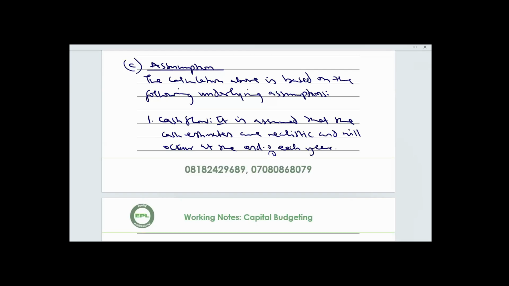What do I mean by this? All those selling price, the variable cost, the incremental attributable fixed cost, our assumption is that they are going to occur at the end of each year, and that those values will actually be achieved. So that means they are realistic.